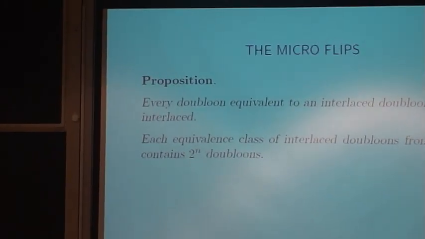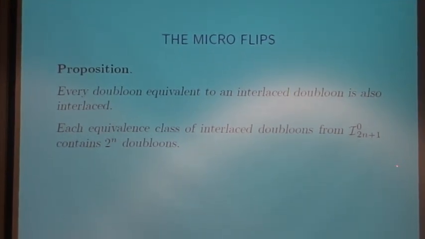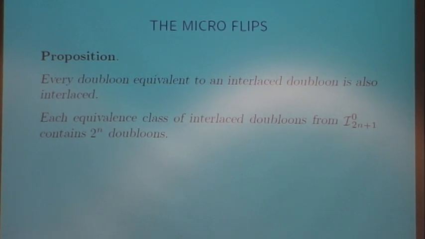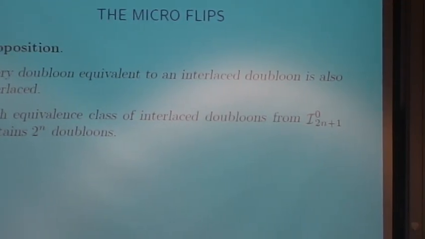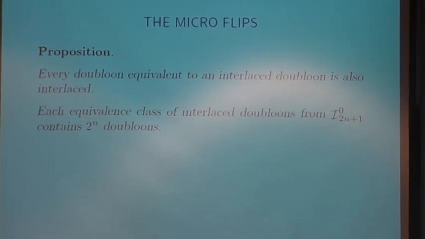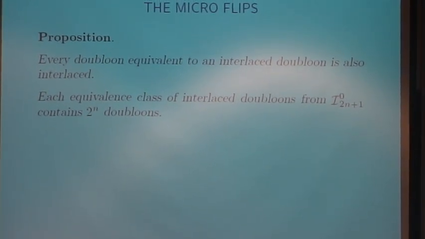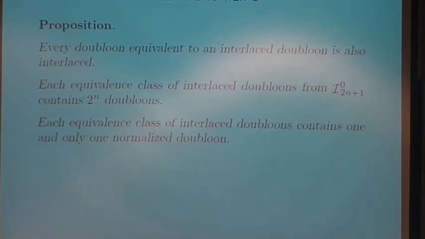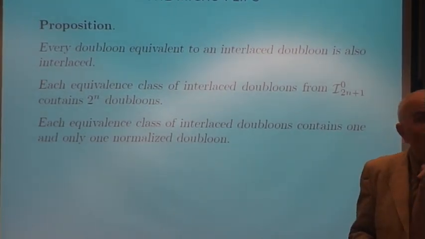Remember, normalized means that A0 equals 0. Each equivalence class of interlaced doublets necessarily contains 2 to the n doublets. And finally, each equivalence class contains one and only one normalized doublet.